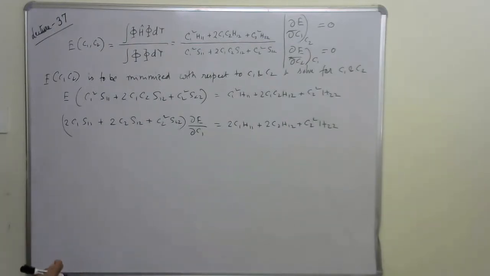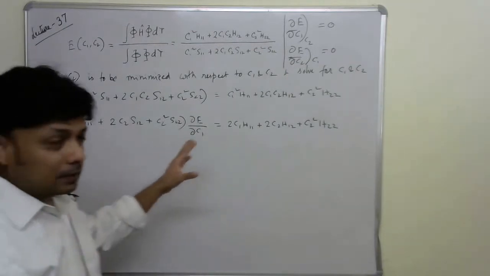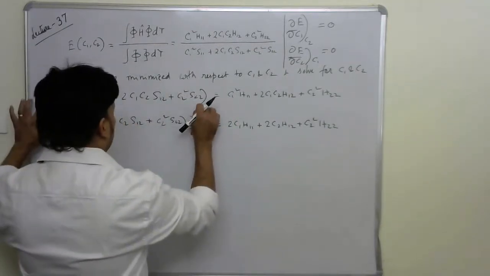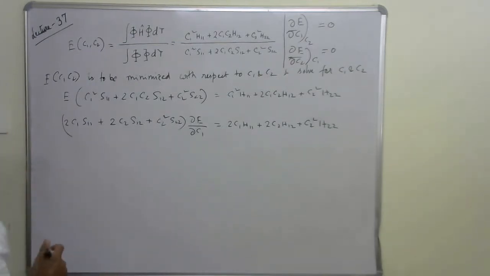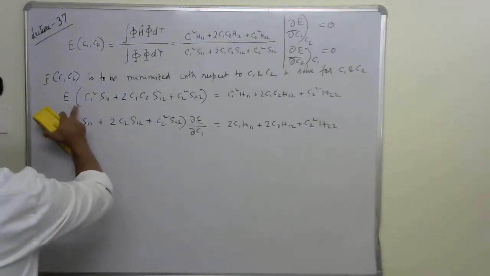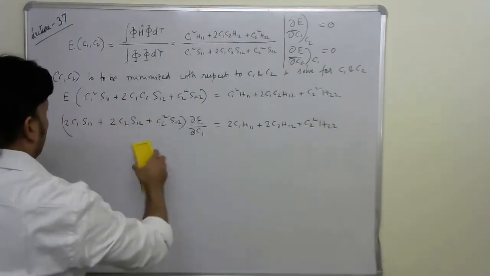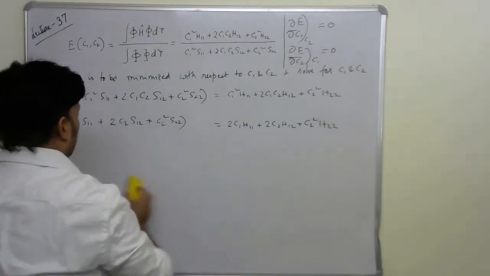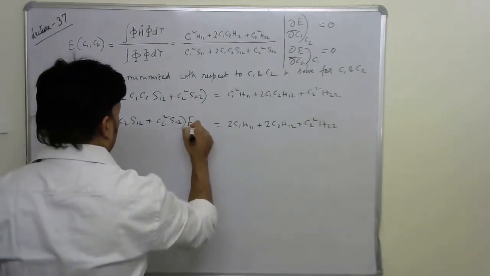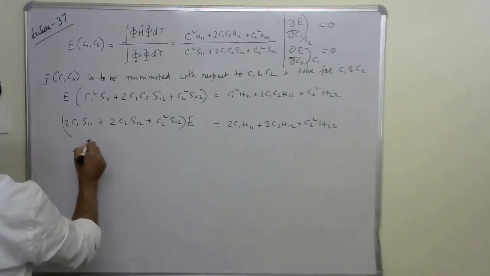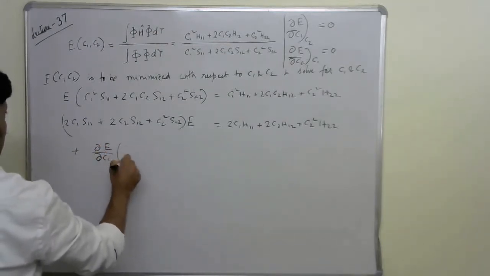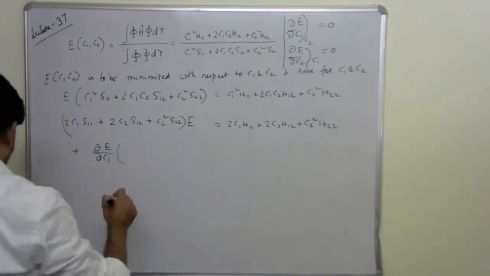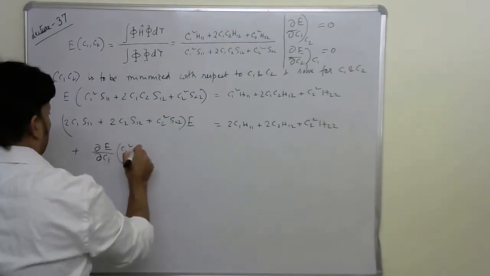Actually, I have made a mistake here. I have made a mistake in taking the derivation of this. The reason is that whenever I derive that, the energy E should be here, and plus we can have del E del C1 multiplied by these entire things, which would be constant now.